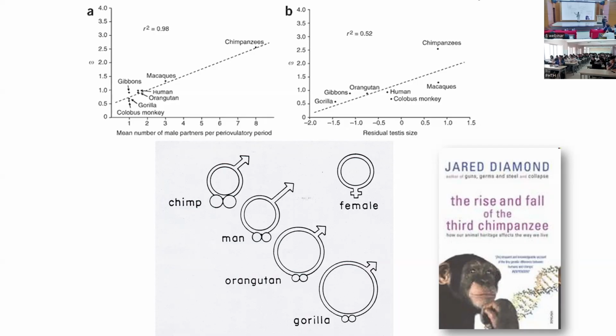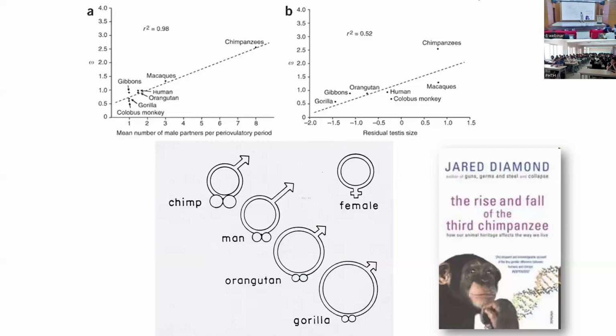When the ratio is in favor of the testes, it means that species is particularly promiscuous. Big testes means that the males have to compete with other males. They don't trust the female too much because the female can have more than one partner. So they need big testes in order to compete with other males.